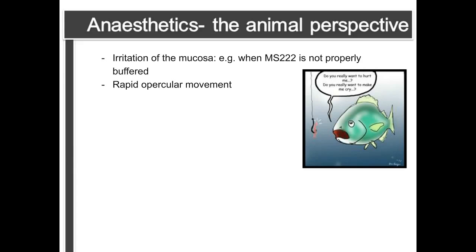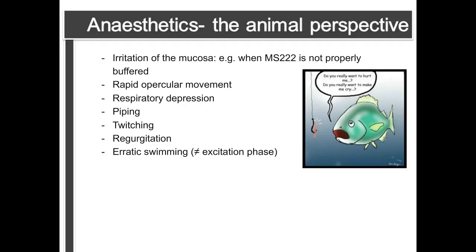It can also induce rapid opercular movement because of respiratory depression or because it is a trait of stress behavior. You can also see piping, twitching, regurgitation, erratic swimming, not in the excitation phase of the anesthetic, because that is one phase you can see during anesthesia, but it can also be related with stress.